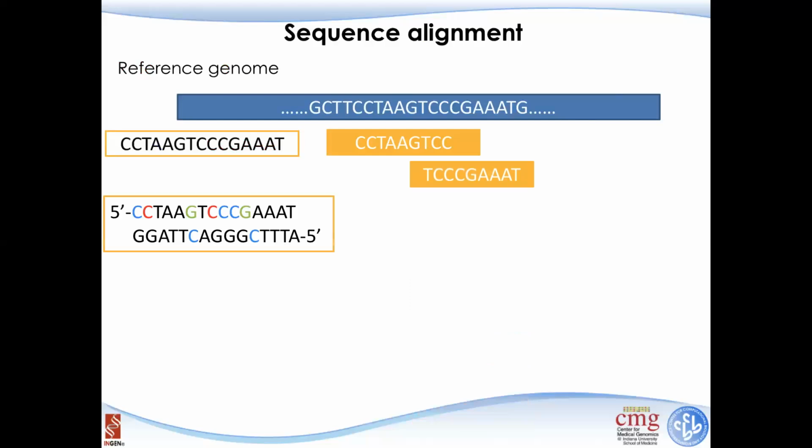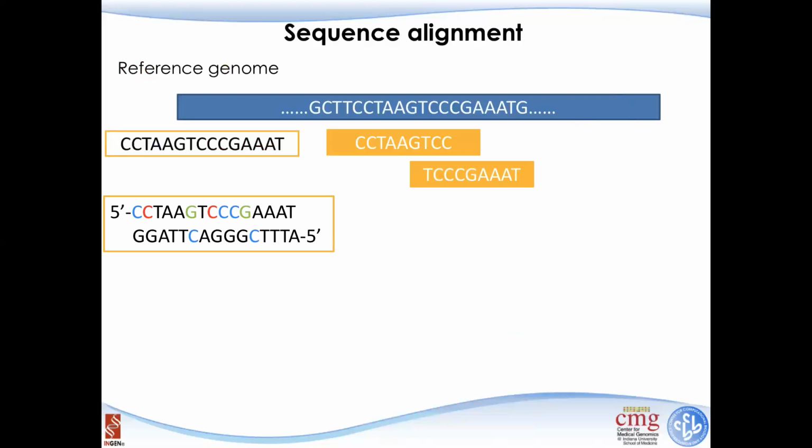However, for bisulfite sequencing, first, this is a sequence, and this C, the red one, is methylated, and the blue one is unmethylated. This is the anti-strand, the complementary strand, where the C is unmethylated.